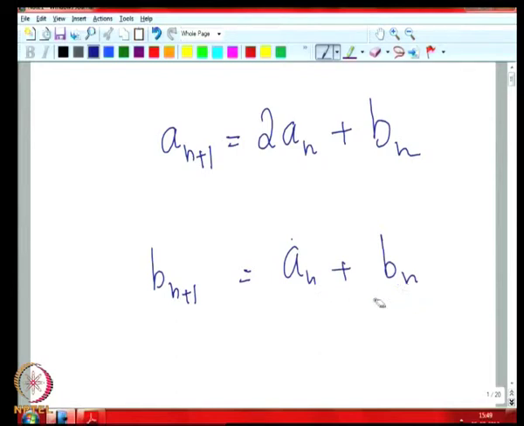To illustrate that we have taken this example.